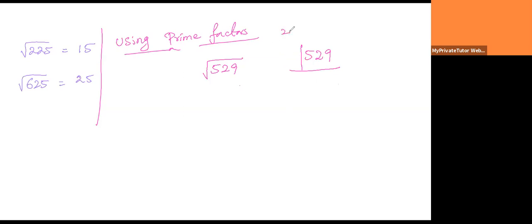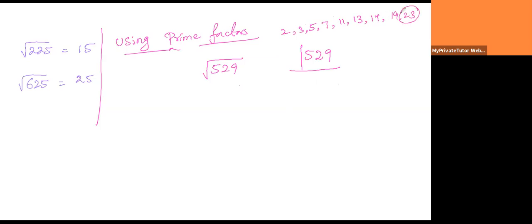So you tried 2, you tried 3. It didn't work. You try 5, it won't work. 7, it won't work. 11, it won't work. Next prime number, 13. Next, 17. Next, 19. Next, 23. None of the earlier numbers works.